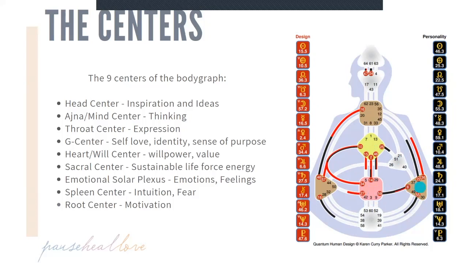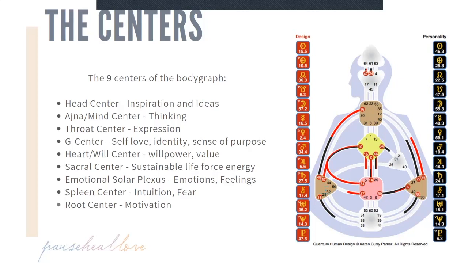Moving right alongside of the sacral towards my right is the emotional solar plexus. And this center holds our emotions and our feelings. If we go back across the sacral towards the other center to the left of the sacral, that is the spleen center.